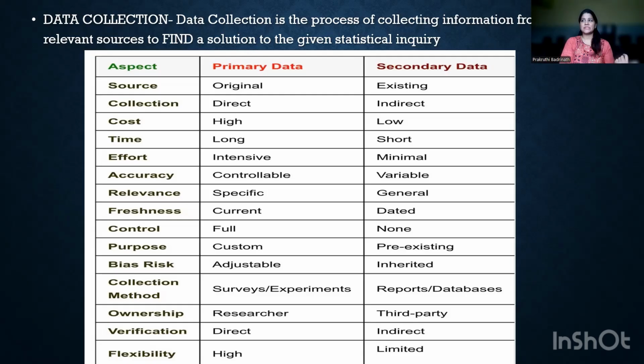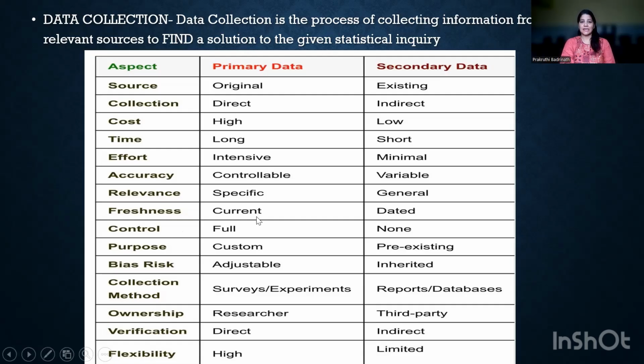For example, I might be studying health of women entrepreneurs. Okay, let's say. So that it is completely different. So it's a very general data that is available out there, which I'm taking for my variable, my research. So relevance is not very accurate, very correct, very specific in terms of secondary data.